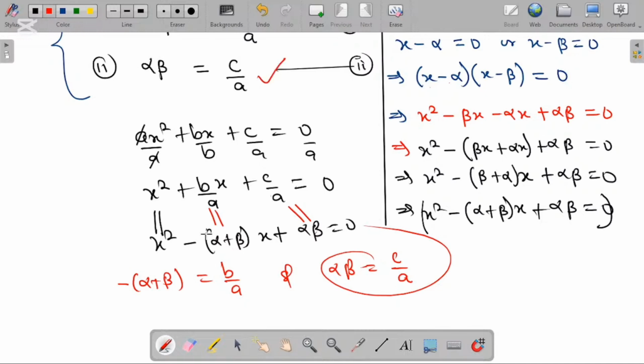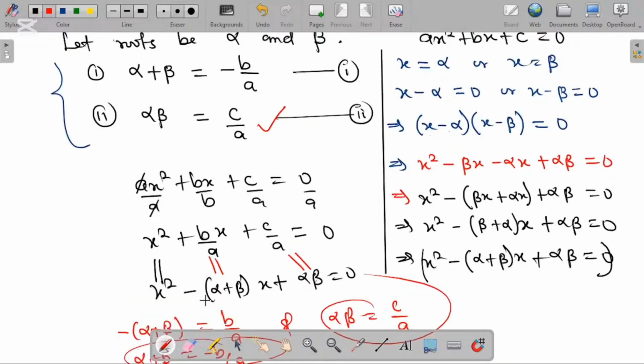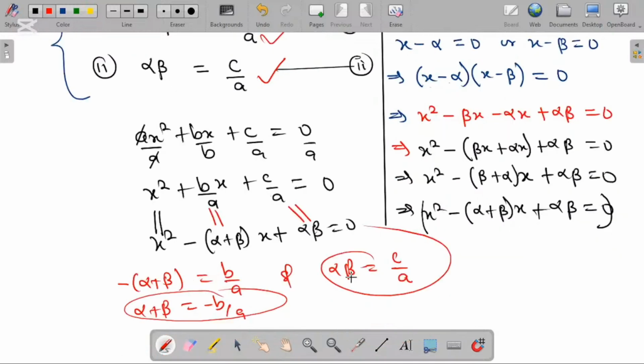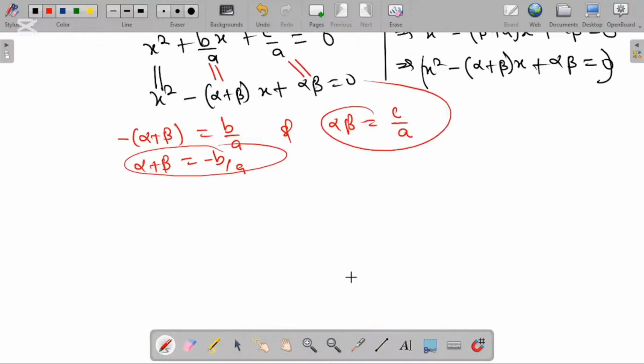So here, if you take this minus to this side, you will get that alpha plus beta is equal to minus b over a, which is exactly what we got from equation 1 here. Okay, so that is just to show you how we got these two relationships that led us to all the other symmetric properties of quadratic roots.